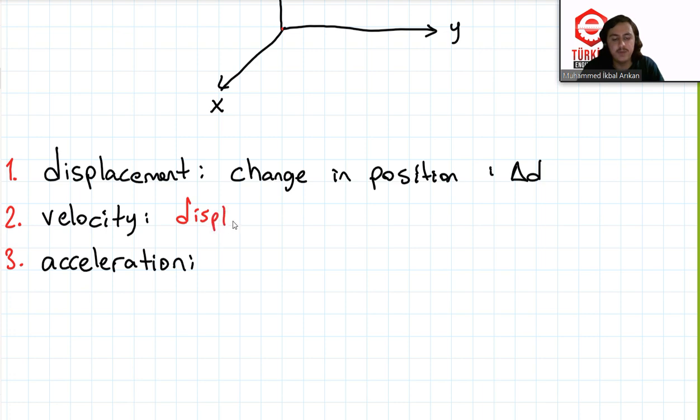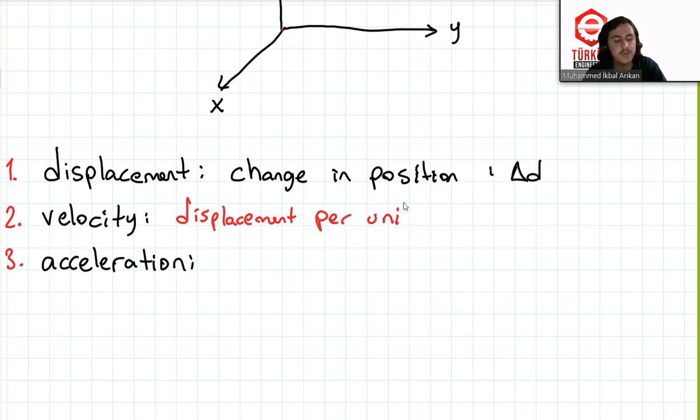It gives us the rate: we are making displacement, we are changing our position, but how fast are we going? So velocity is displacement per unit time.